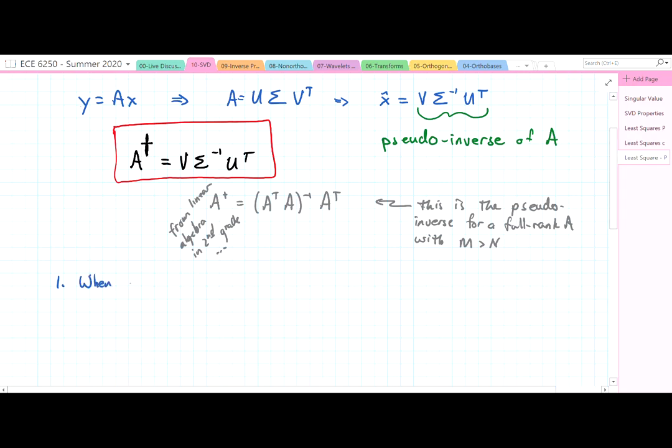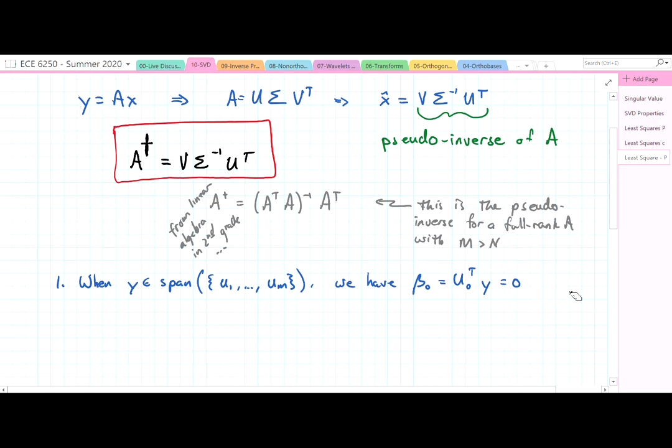One is when y is in the span of u1 through um, we have beta naught equal to u naught transpose times y, that's equal to 0.